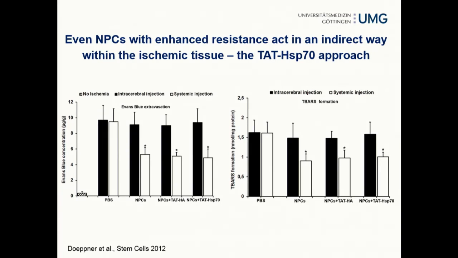And then we transplanted these cells intravenously or intracerebrally. I don't want to go into detail, but what you can see is, for instance, that when you intravenously transplant these cells, the blood-brain barrier integrity is enhanced when you transduce these cells, and also the reperfusion injury in these animals is reduced.